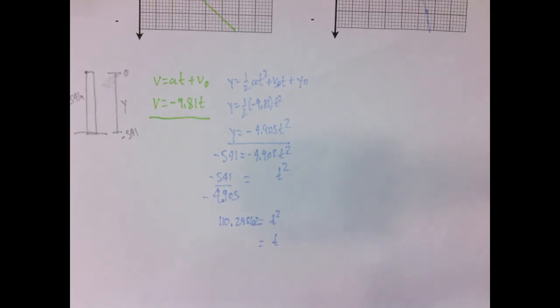So then t is the square root of that number, and the square root of that number is 10.47363.